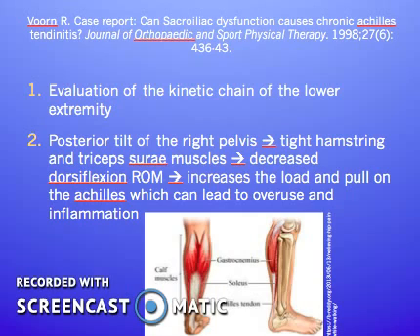So it's looking at the kinetic chain of the lower extremity, and specifically in this article it talked about posterior tilt, how it causes hamstring tightness and triceps surae tightness, decreased dorsiflexion, which increases the load and pull on the Achilles, which can then lead to overuse and inflammation. So you can treat that Achilles all you want, but until you fix the problem, all you're doing is slapping a band-aid on it.